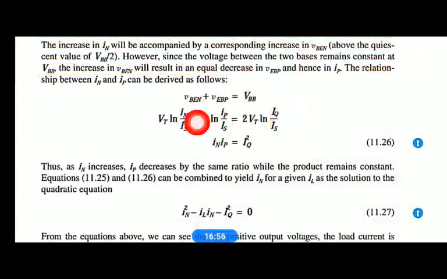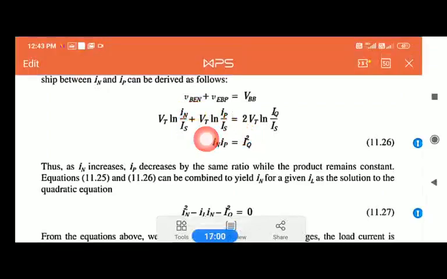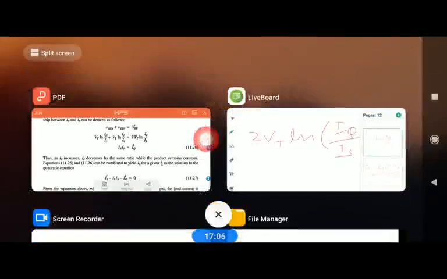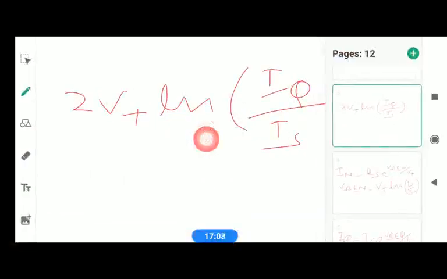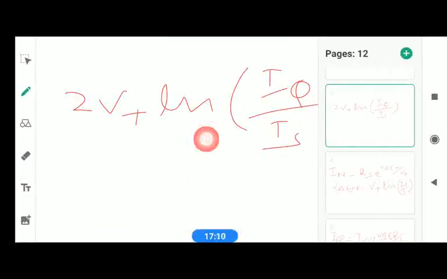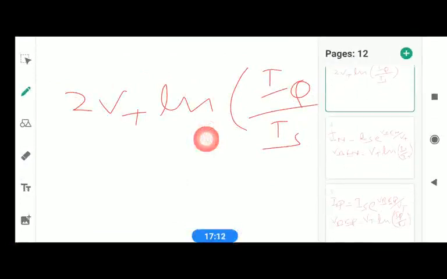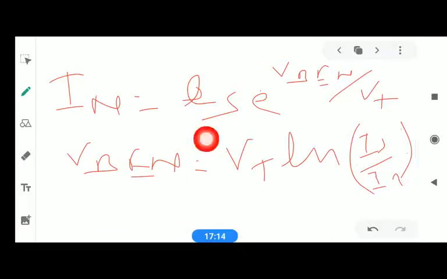Similarly, when you see the current flowing in the transistor Qn, which is nothing but In, we can write Is into e raised to VBE N divided by Vt.